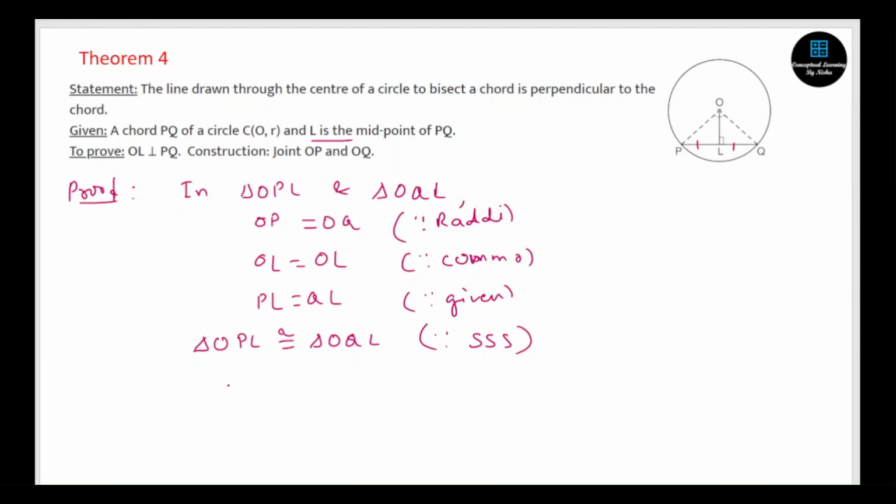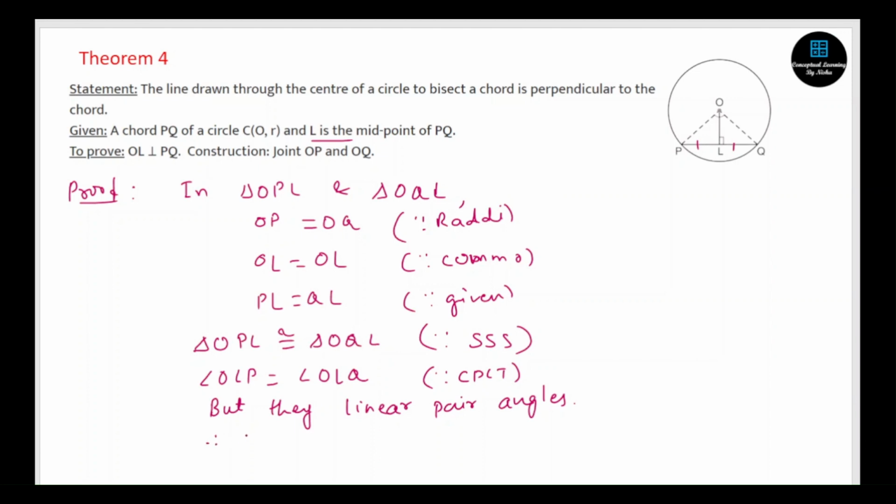And by CPCT, what can we prove? Angle OLP equals angle OLQ. Now they are linear pair angles, correct? They are linear angles, and both are equal, so both are 90 degrees.